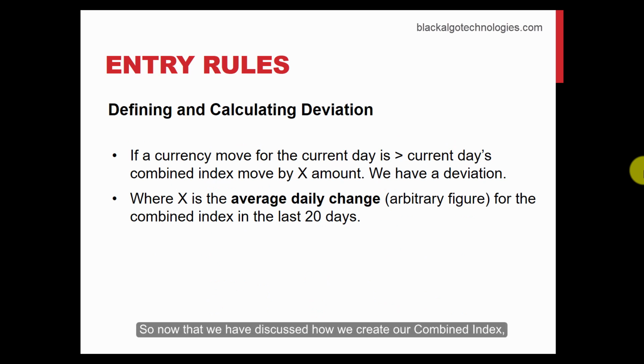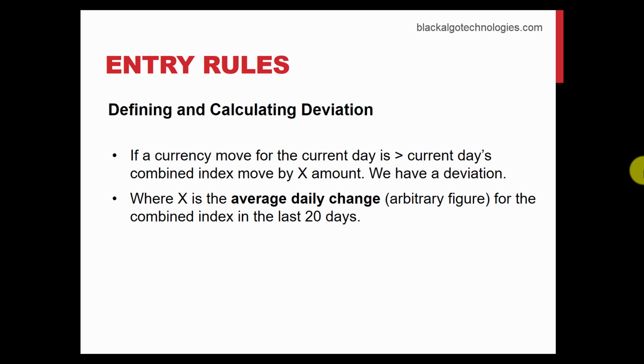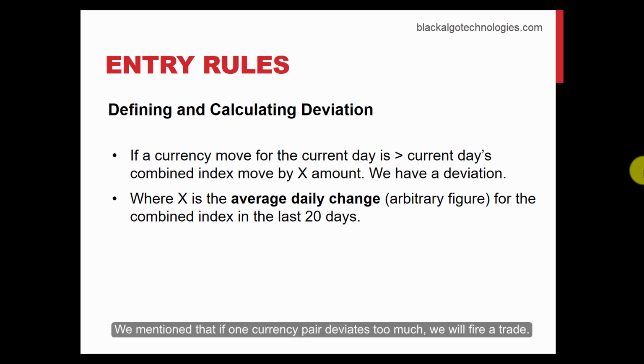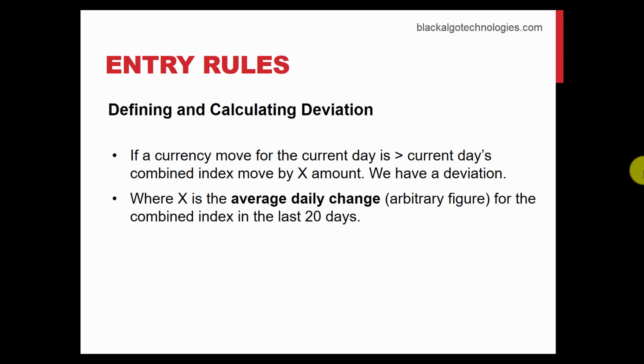So now that we have discussed how we create our combined index, let's talk about deviations. We mentioned that if one currency pair deviates too much, we will fire a trade. How much is too much? We let this deviation be X amount, where X is the average daily change. Again, this is an arbitrary figure.